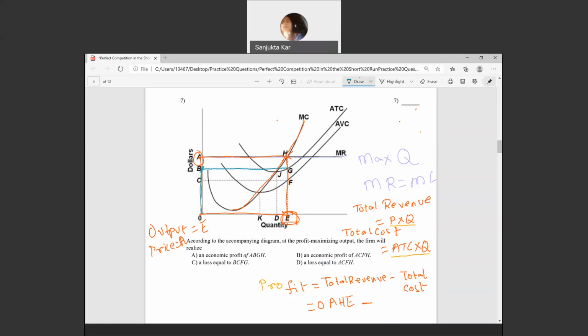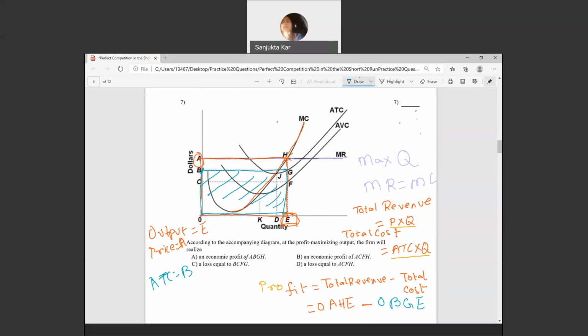This rectangle is my total cost, because my average total cost is equal to B. So this area, which is average total cost times quantity, I'm going to say this is OBGE. This is the total cost here.